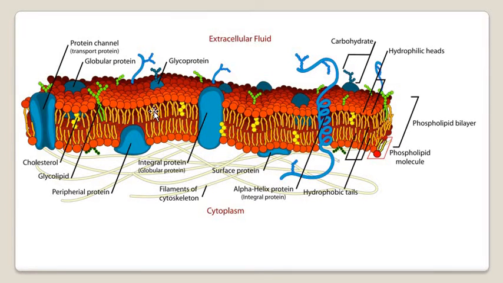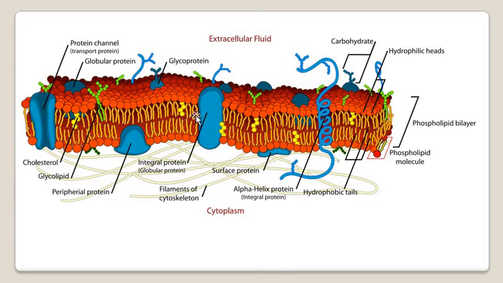This is one layer and this is another parallel layer. These heads of the phospholipid, they are what? They are hydrophilic, right? They are water loving, so they come in contact with the aqueous substances on the outer side as well as on the inner side. But the tail portion of this phospholipid bilayer is hydrophobic, and hence it comes together to form a hydrophobic core.